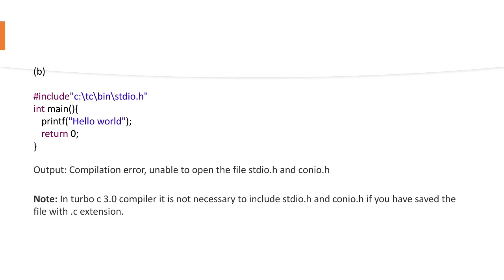But if the file is not present in either the current working directory or the include directory, it gives me a compilation error saying unable to open that particular file. And if we write the absolute path of the file, then it will search only at that location, not in the current working directory or include directory. That's why we got an error here in the B example, saying compilation error, unable to open the file stdio.h and conio.h.